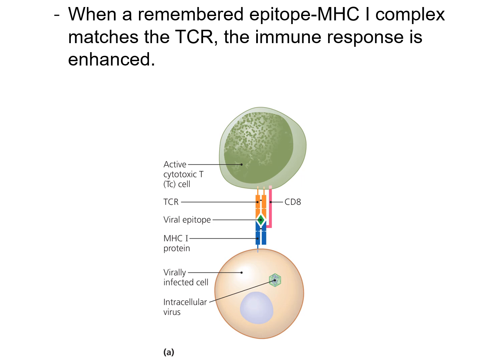When a remembered epitope, MHC1 complex, matches the T cell receptor, the immune response is enhanced. So the memory cell remembers that original stimuli. And when it binds again, the immunological response is enhanced and immediate.